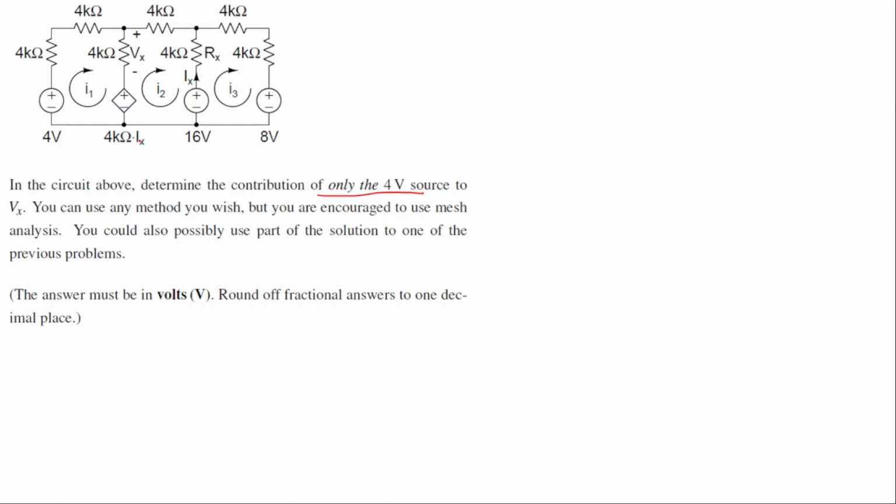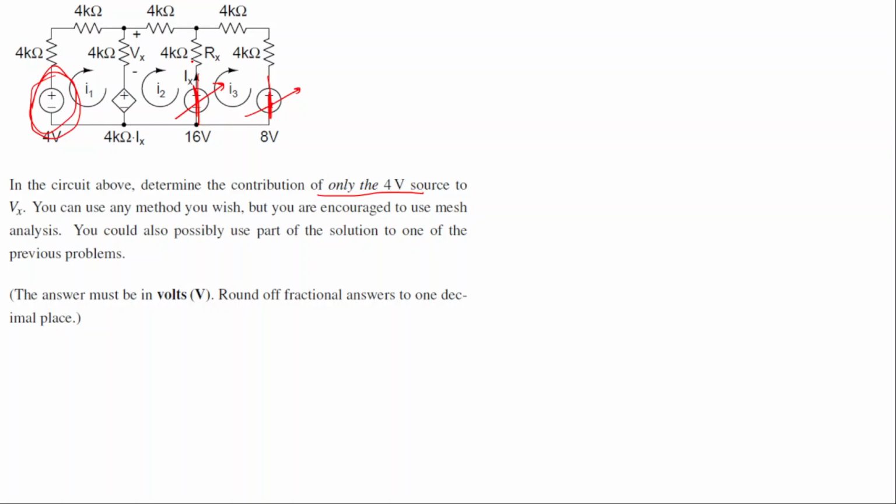To find the contribution due to only the 4-volt source, we need to disable all the other voltage sources. So we put them to 0, short those voltage sources, and write the mesh equation with the 4-volt source. Whatever Vx you find will be the contribution due to this voltage.